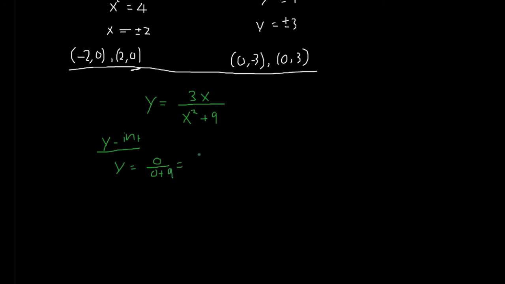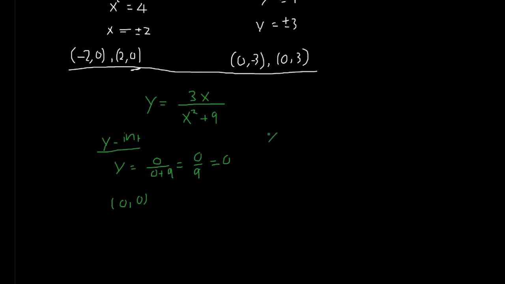So 0 divided by 9. So we have 0 at the top and 9 at the bottom. So the answer is 0. Therefore, 0 comma 0 is the y-intercept.